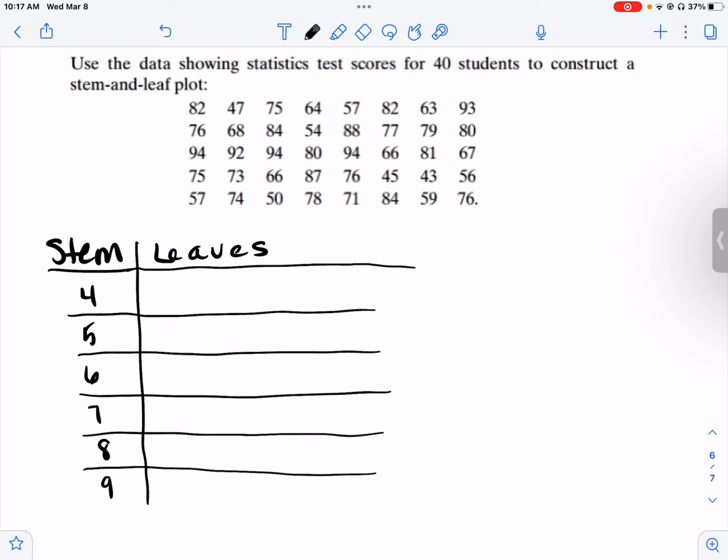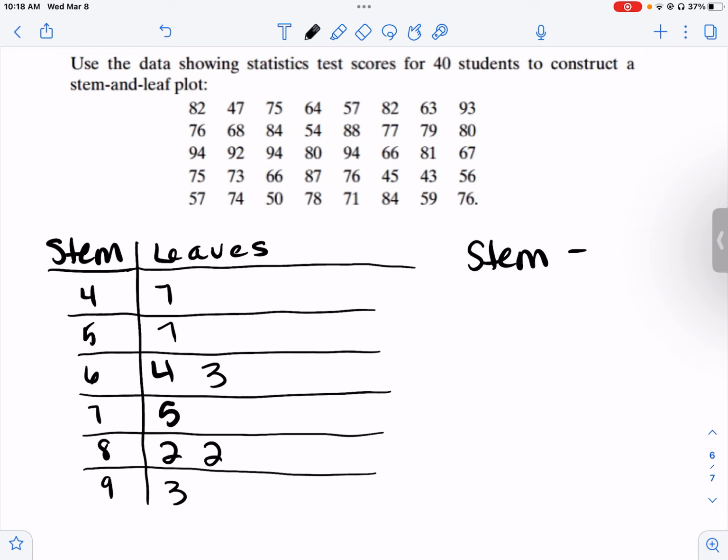The first number is 82, so I'm going to put a 2 here. The next number is 47, so I put a 7 here. The next number is 75, so put a 5 in the 70s. 64, 57, 82, 63, 93. So that's the first row.